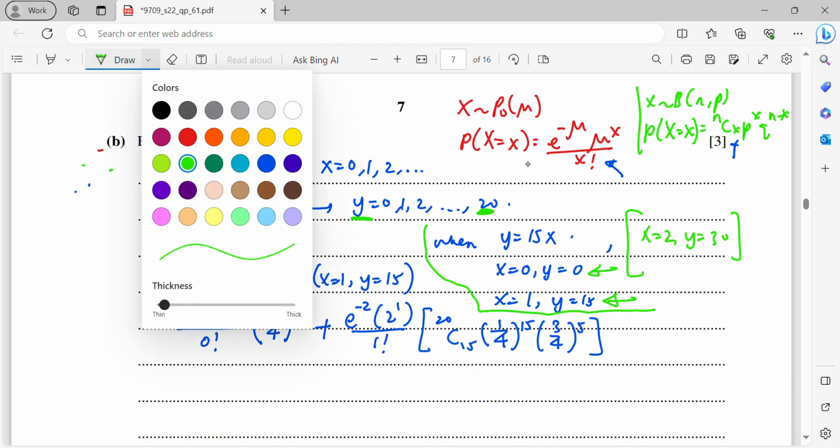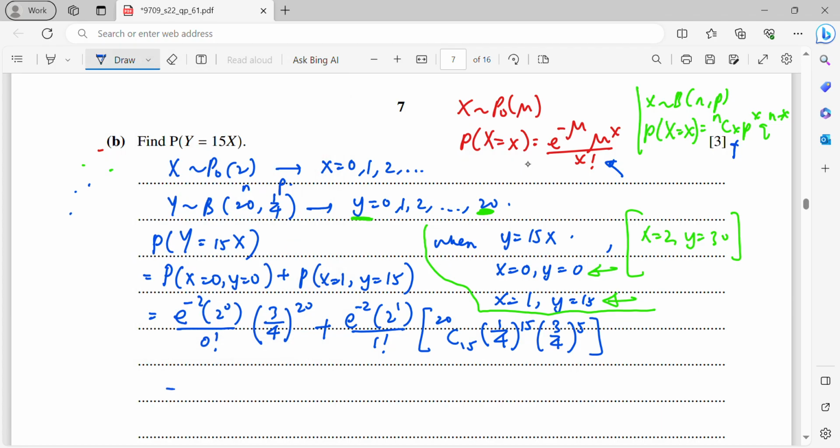From here, I will get the total of all this. It will be 4.30 times 10 to the power negative 4. This is a very small probability. Okay, so done for this question.